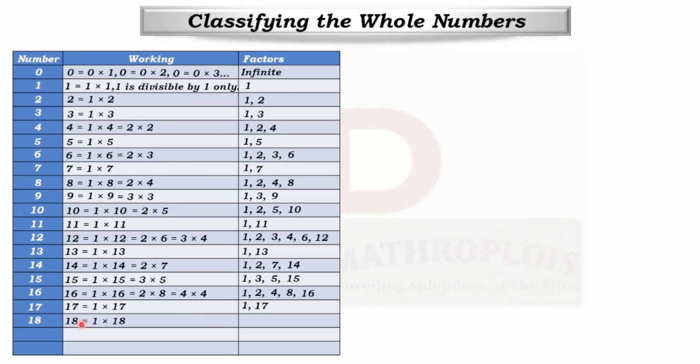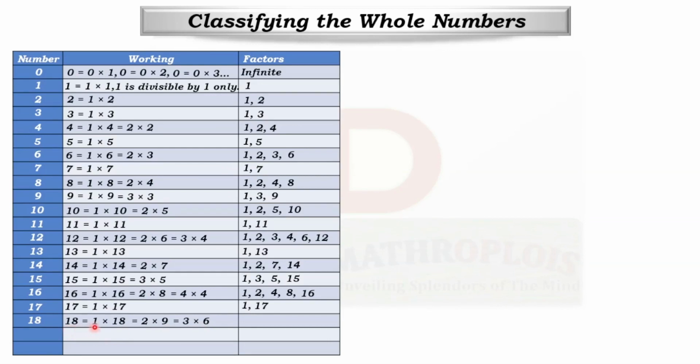Let us now find out all possible factors of 18. 1 multiplied by 18 is equal to 18. 2 multiplied by 9 is equal to 18. 3 multiplied by 6 is equal to 18. And there isn't any other factor of 18.